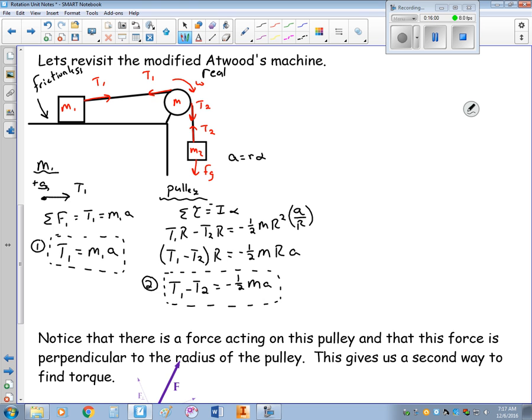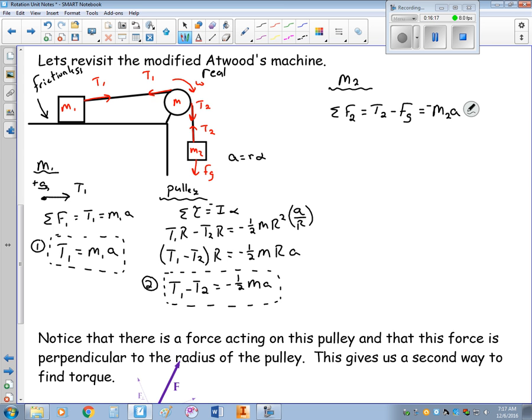Now I'm going to take a look at mass m2. That's my third object. And looking at this, I have the sum of forces acting on object 2 equals T2 minus how much this thing weighs, and equals M2A.